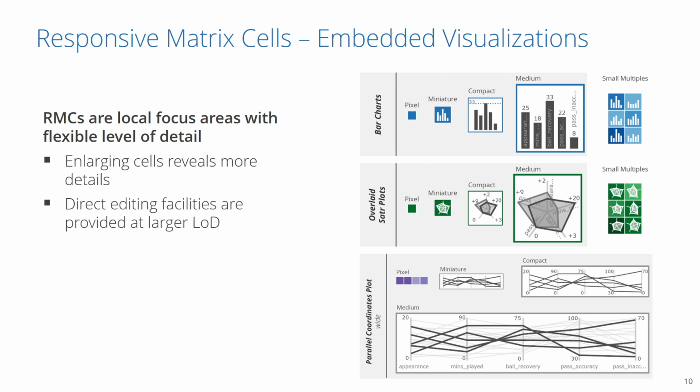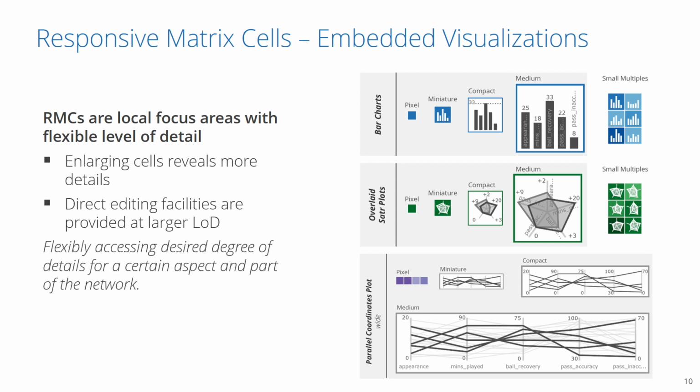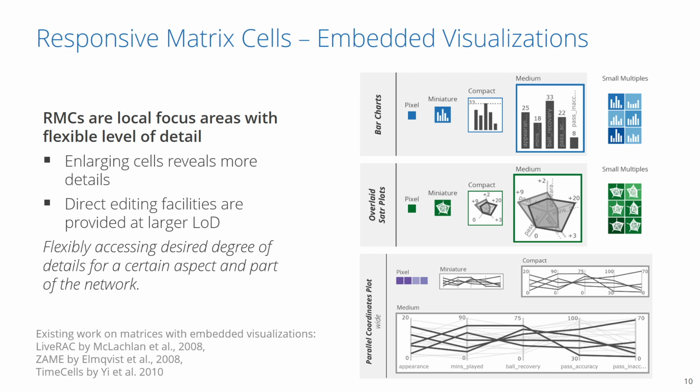Among others, the available visualizations comprise bar charts, star plots, parallel coordinate plots, or also node link charts. By flexibly providing these as embedded representations in the matrix, analysts can access all the different details of the network. This flexibility is also one big difference to existing work providing embedded visualizations for matrices, such as LiveRec, SAME, or time cells.